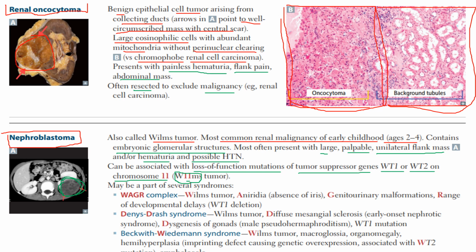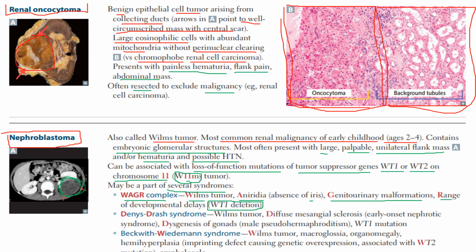It may be associated with several syndromes like WAGR complex. W for Wilms tumor, A for aniridia, which means the absence of the iris, G for genitourinary malformation, R for range of developmental delay, which is caused due to the deletion in gene WT1, which is present on chromosome number 11.